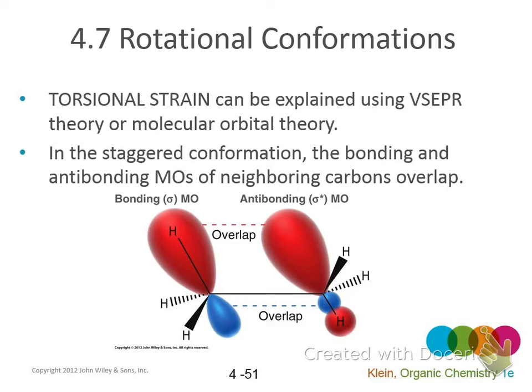It should look something like this orbital over here, but because it's an anti-bonding orbital, the phases of this atom and this orbital are different, and that's why they cancel out, and that creates this extra node. That's why it has that color change right there. It's a cancellation of the orbital density between those two. Okay.